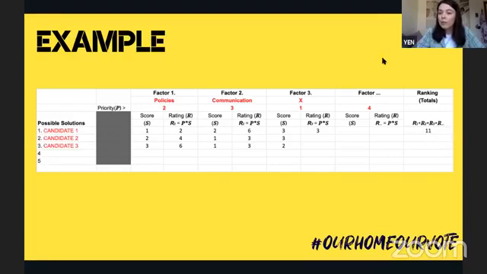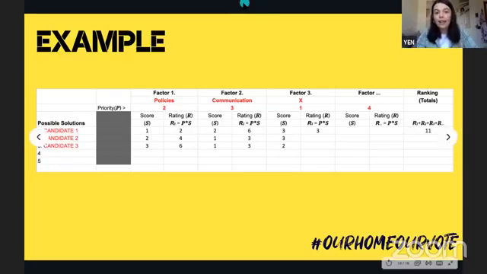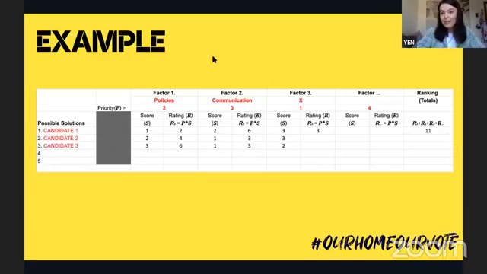I'll give people a couple of minutes to calculate that, and then I will talk through what that actually means. And again, if anyone has any comments or questions about that, feel free to put them in the chat or to comment on Facebook, and we will read them and include them. This is a very interactive session.